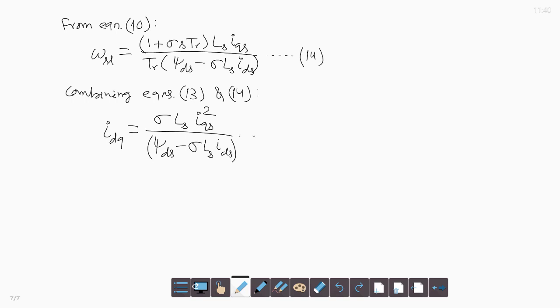This is equation number 15 that gives the final expression of the compensating current idq in terms of ids, iqs and psi ds. So, compensating current idq when derived by equation 15 and added to the controller output, it generates the command value of the flux component of the current, which only affects the stator flux psi ds. So, the function of the decoupler is to generate compensating current idq as per equation number 15.